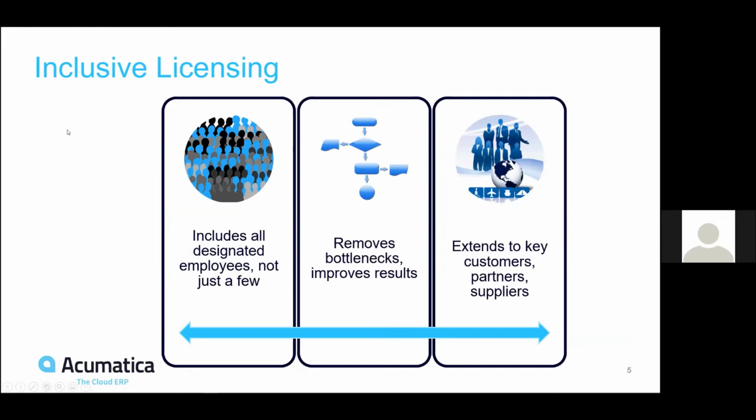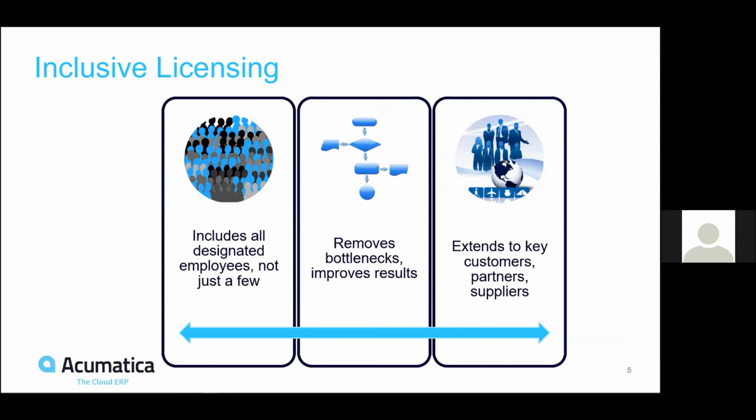Inclusive licensing. Acumatica, by default, lets you have as many users as you want. The reason they do that is because they assume that, if you're using purchasing or employee expense tracking, that sort of thing, you're going to need to have everybody in the organization in there.